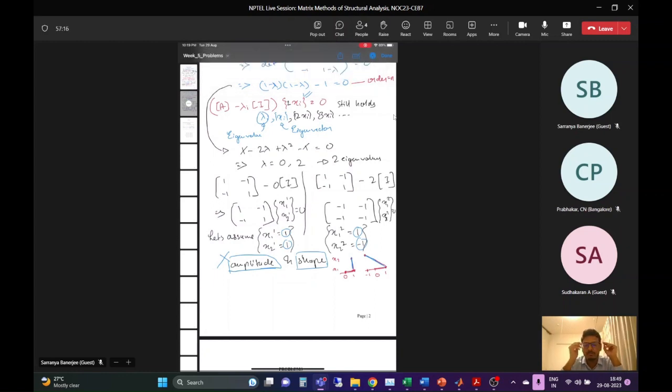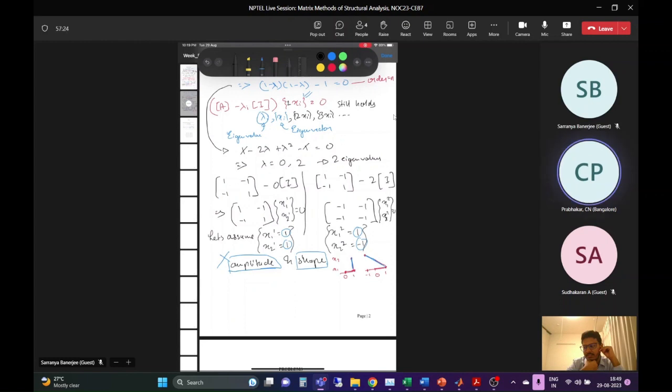Now is this problem clear, how to calculate these things? At least you got the concept. So now, very interestingly, we will jump into structural dynamics. Very basic things we'll start with.